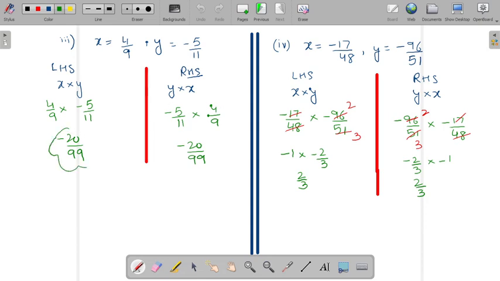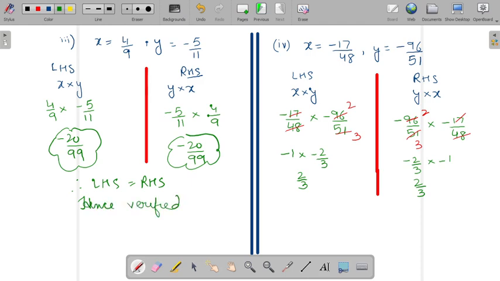So this is the LHS, minus 20 upon 99 in third part, and RHS is also minus 20 upon 99. So therefore LHS equal RHS, hence verified.